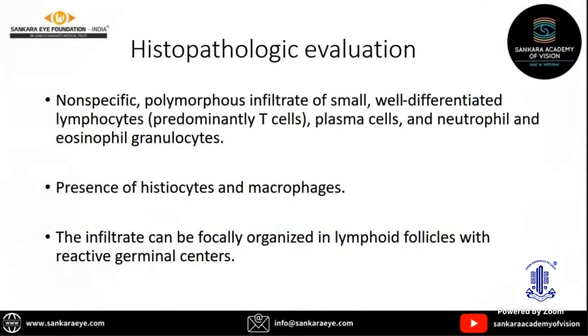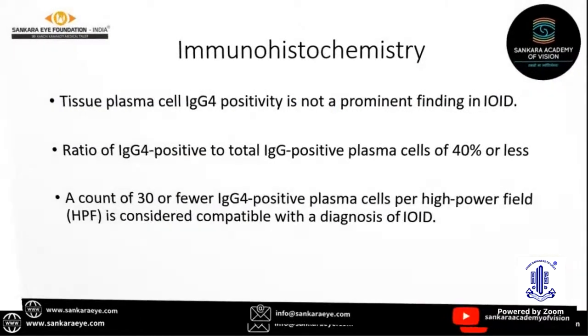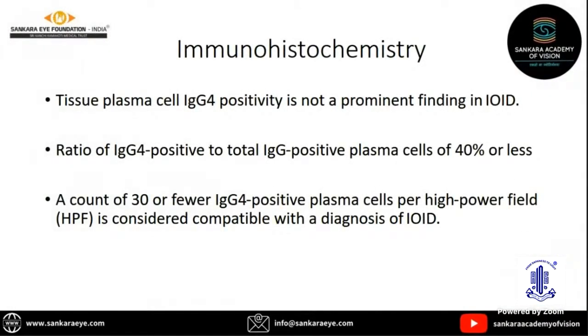Histopathological evaluation of the biopsy generally shows a non-specific polymorphous infiltrate, and there may be histiocytes and macrophages, which may be focally organized as lymphoid follicles with a reactive germinal center. Immunohistochemistry is important because we've been thinking that IgG4 disease is very close to the way orbital pseudotumor or IOID looks.